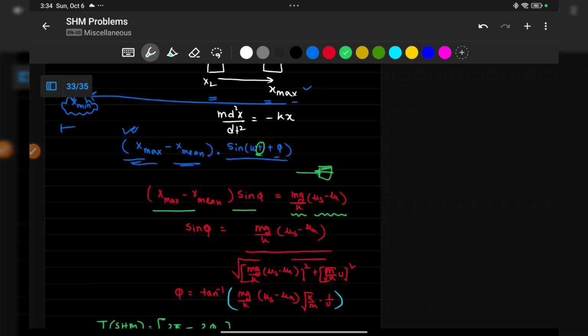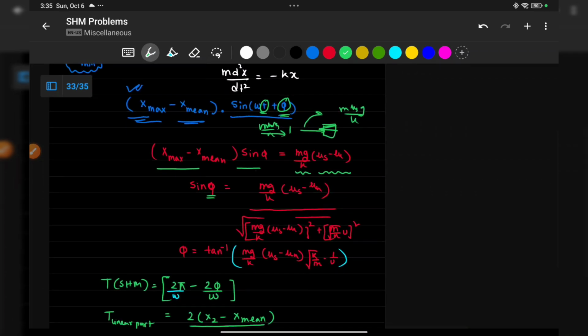That is mu k mg by k, and this is mu s mg by k. Right? So to find the phase angle I do this: phi is equal to mg by k into mu s minus mu k, and by the calculation you can do this, phi is equal to tan inverse of this. Okay, so this is the phi, and the SHM part, you know that it goes until the phi phase.